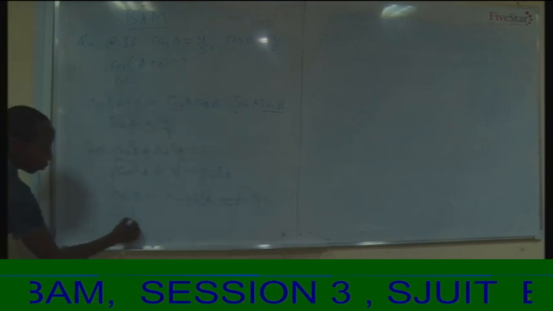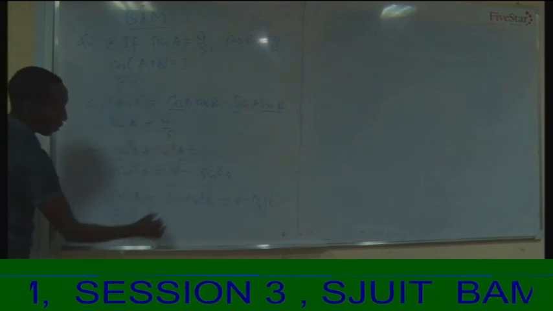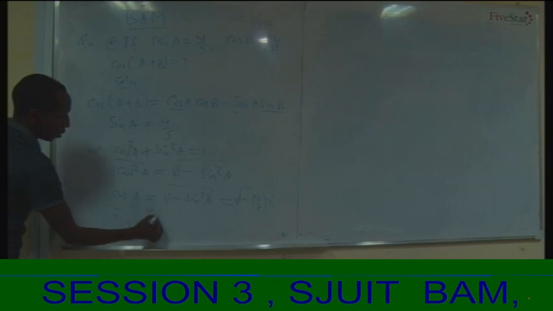So this will be equal to 1 minus 4 squared, which is 16, divided by 5 squared, which is 25.